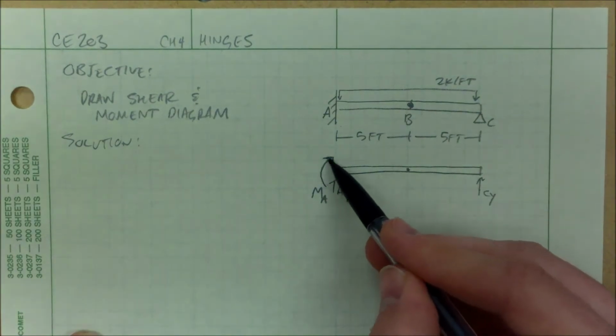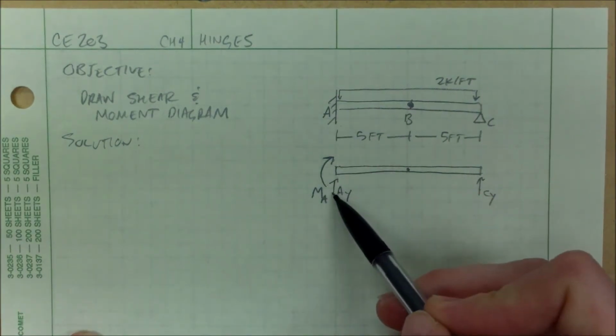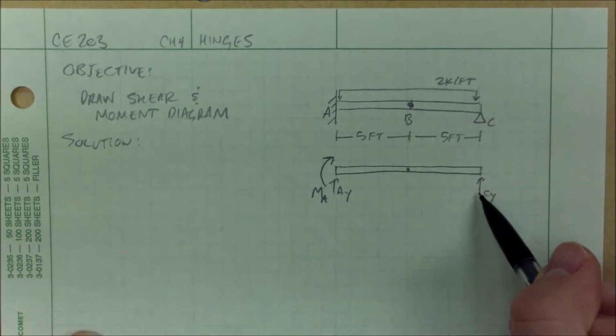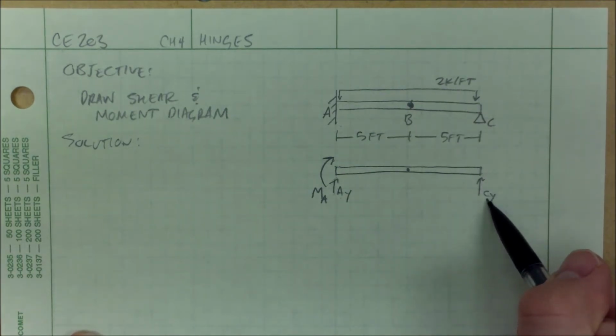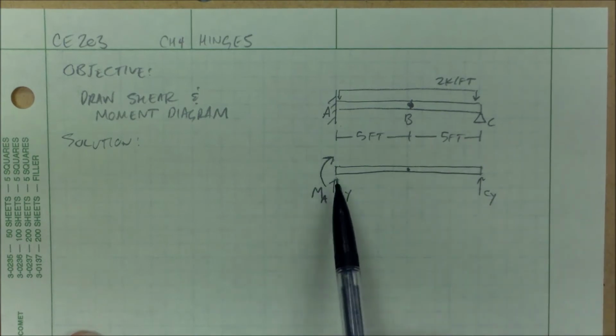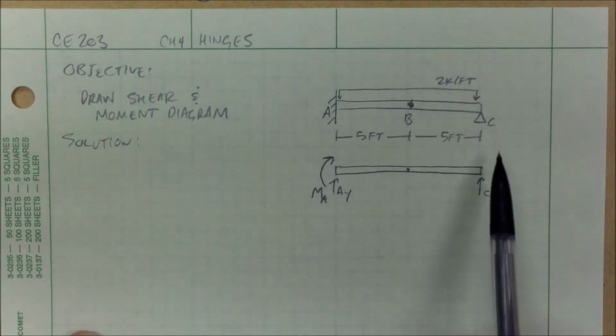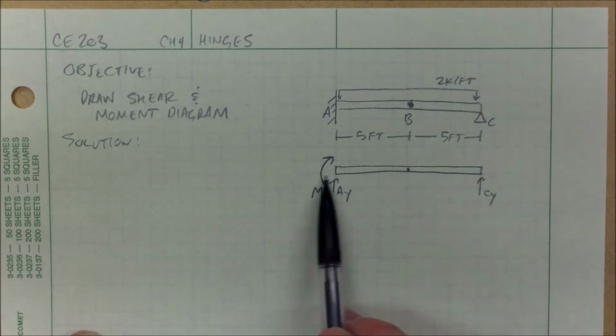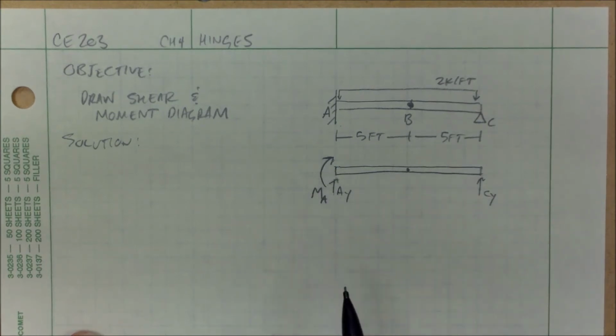So this is my moment at A, coming from my fixed support. This is my vertical reaction at A, and this is my vertical reaction at C. Just to remind you, on beam problems we don't consider any axial forces. So that's why I don't have anything on either side for our horizontal reaction.